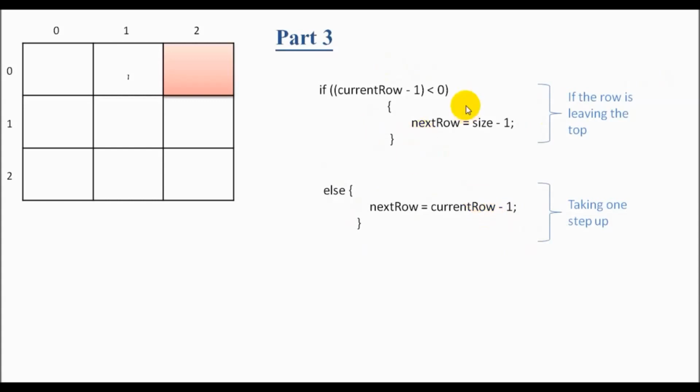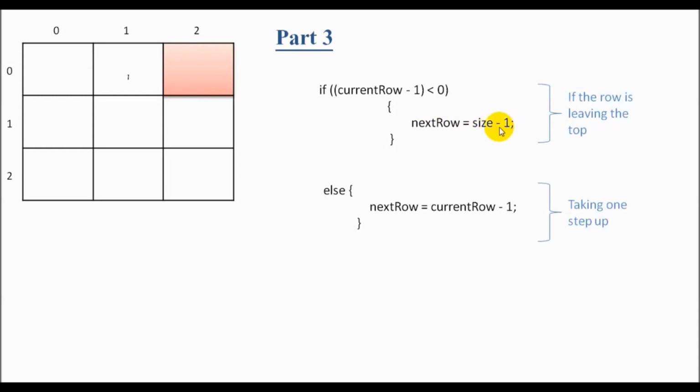So let's see how this code is going to work for this matrix now. Now our current row is 0. 0 minus 1 is equal to minus 1. So the condition is true here. As our condition gets true, our program is going to execute this code now.